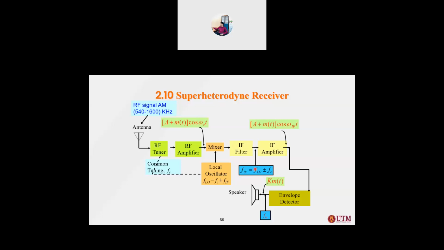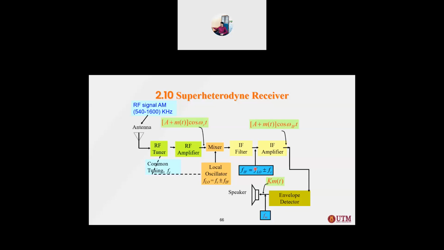It is easier, because basically we are working in low frequency. One of the advantages is that we standardize to one frequency, and all the components that we choose to work with will be based on that one frequency. That's why we introduce this concept.